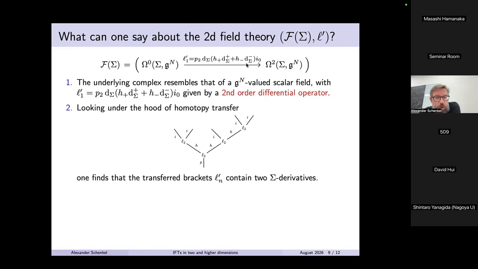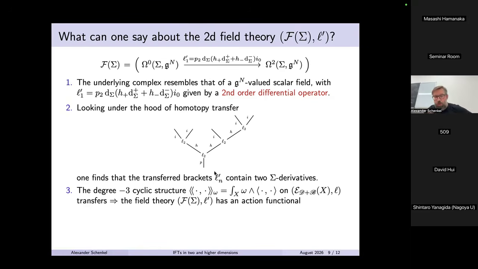Now, if you look under the hood of homotopy transfer, recalling how these transferred brackets are constructed from certain trees, you can show that the transferred brackets contain exactly two sigma derivatives. Like here, there are two sigma derivatives in the kinetic term. There are exactly two sigma derivatives split across all the legs in these Ln brackets.